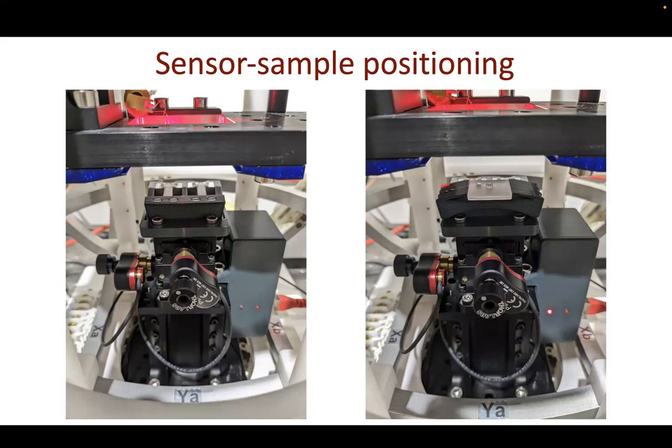So that means that we reduce the risk of breaking the diamond, but it also means that by some iterative approach, we can use the tilt sensors to put that sample fully plane parallel to the diamond. The actuators have a resolution of like 10 nanometers, so it's actually pretty much flat.